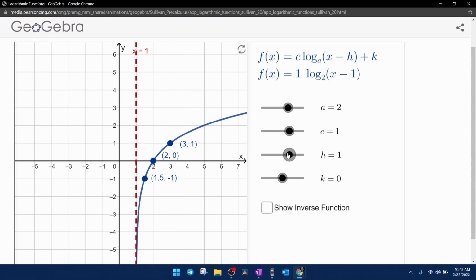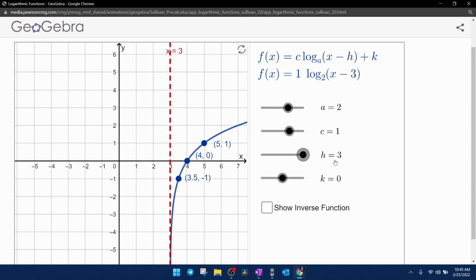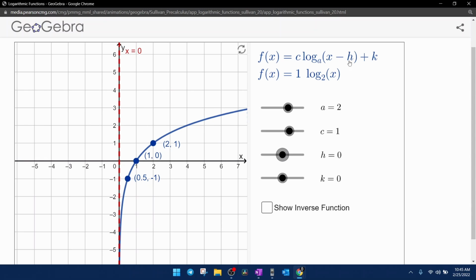And then as H becomes negative, see when I plug that 3 in, it's -3, it is causing a shift to the right. So the value of H in this problem is your horizontal shift. Plus is left, minus is right.